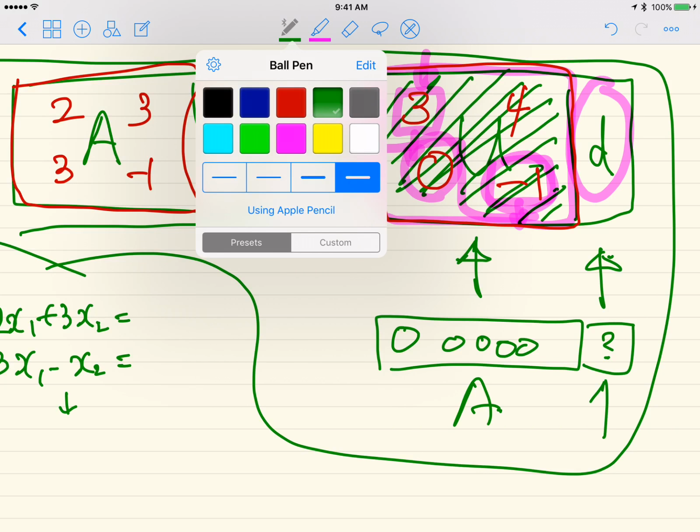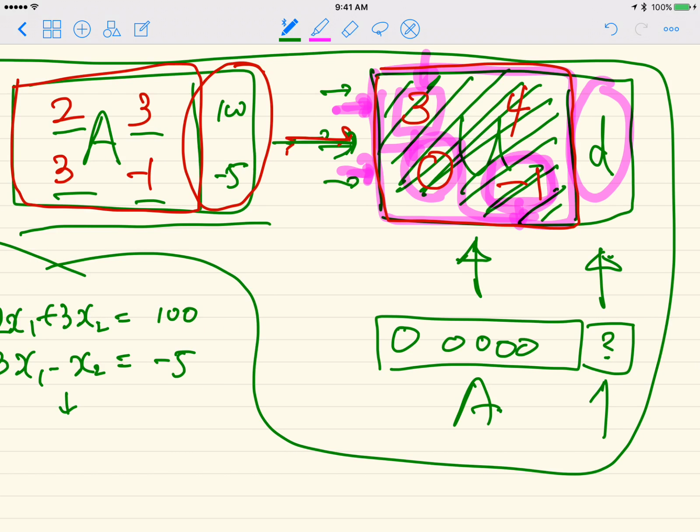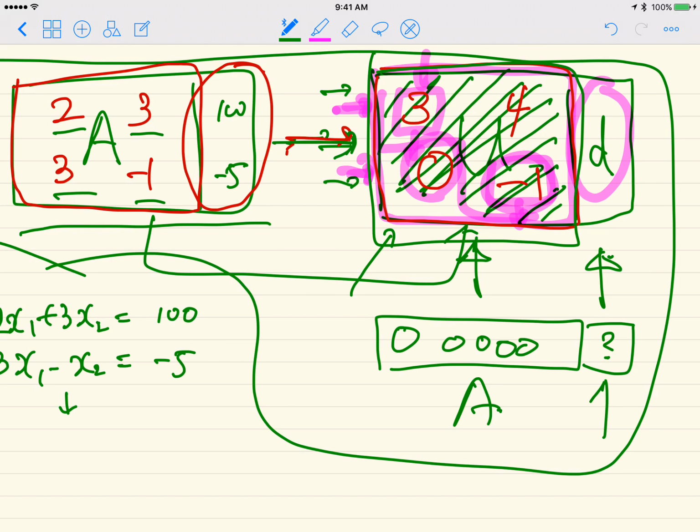Suppose we have the same coefficient matrix of 2, 3, and 3, minus 1, and now this b part was maybe 100, minus 5, for example. And if we change this into echelon form, this coefficient part will always be the same as before, right?